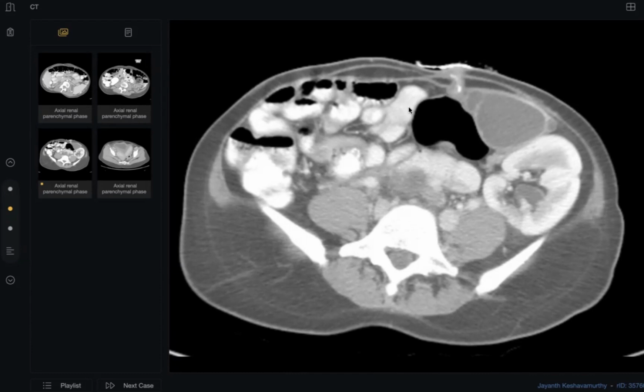Number two, weakness of the ureters. See, Prune Belly is a disease of muscle weakness: the anterior abdominal wall and the muscle of the ureters. So bilateral dilated ureters and the subsequent renal dysplasia, and bilateral undescended testis.